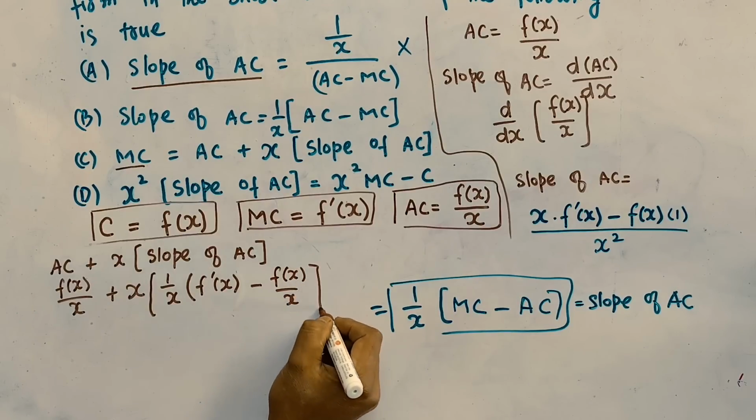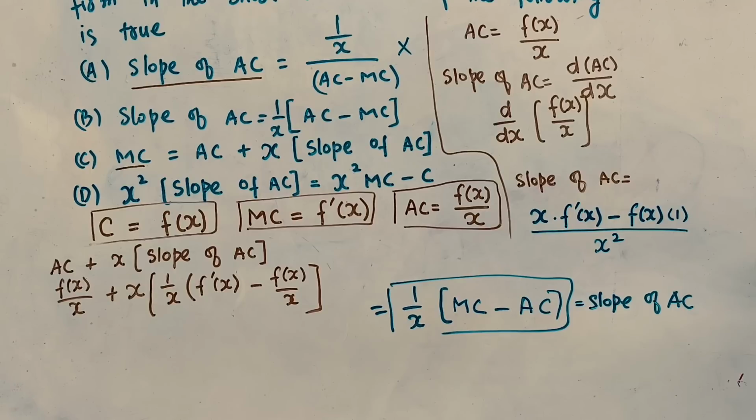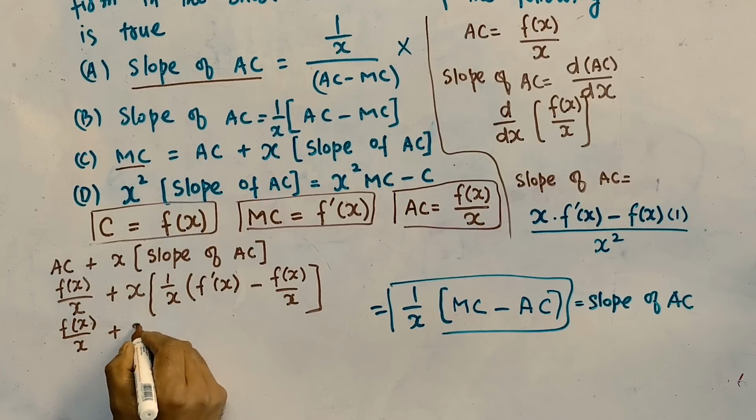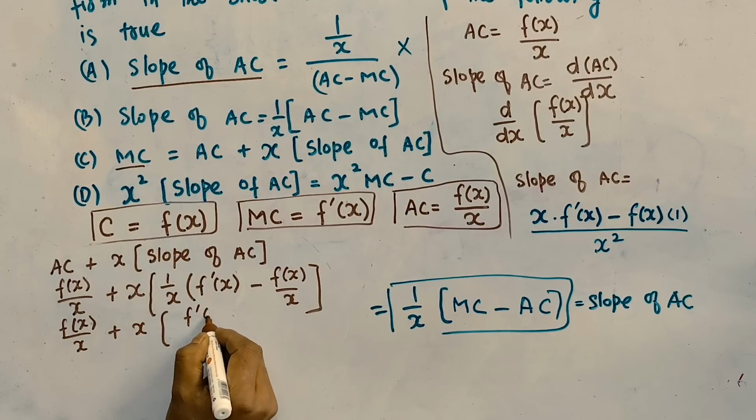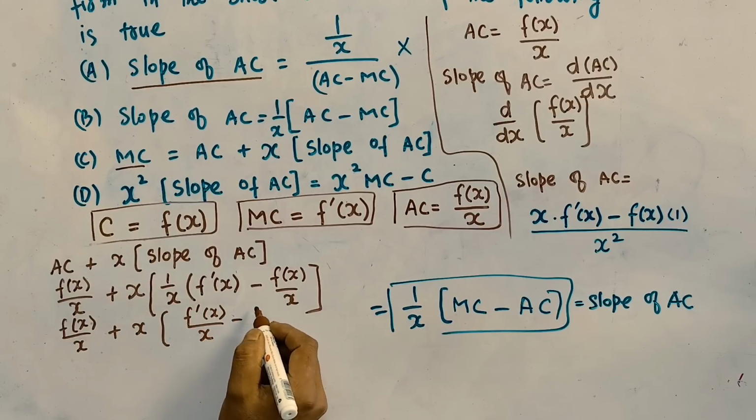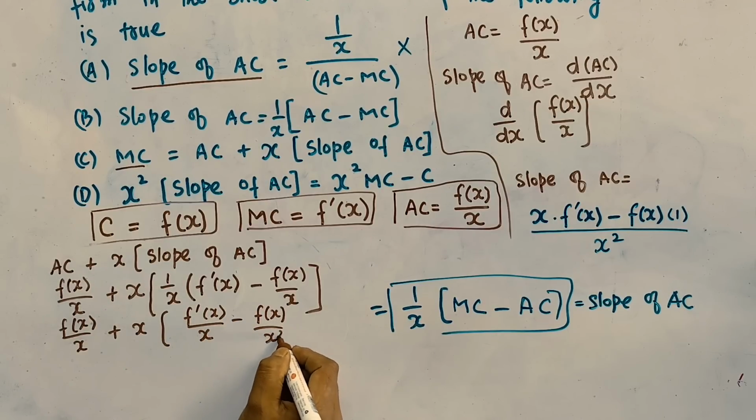Let us see if we have some luck here. So we have f of x upon x plus x times f prime x divided by x minus f of x divided by x square.